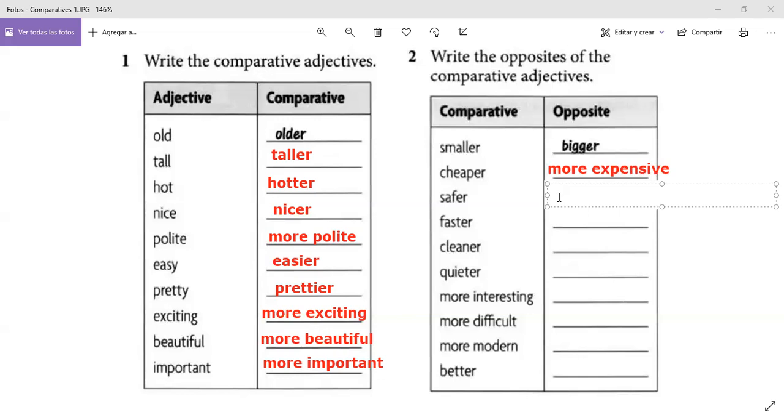A place that is not safe. How do you say that?